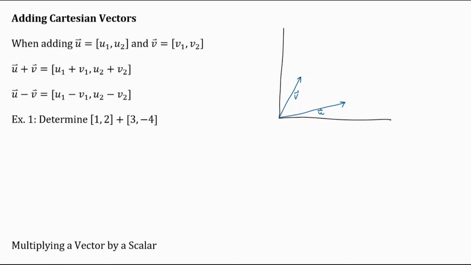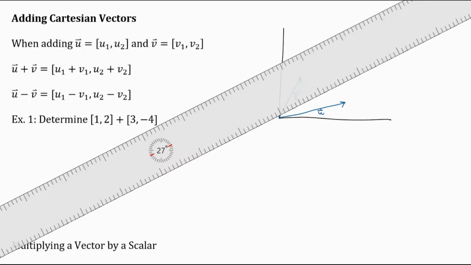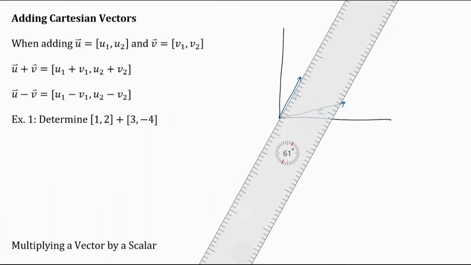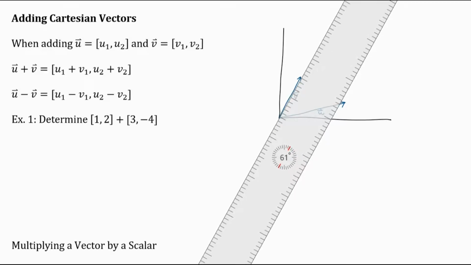And again, if you think about them both starting at the origin, then it seems strange to understand how you would add them. But remember, vectors don't exist in a position in space. They can be moved around. So let's see about how long this vector is. Okay.